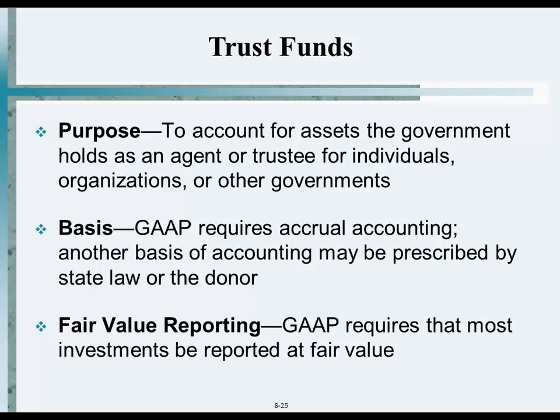Again, for trust funds, the government acts as an agent or a trustee for individuals, which means the following. If you were working for a government, like, I heard the story yesterday about the city of Stockton, county of Stockton, declared bankruptcy. Okay, so let's assume, Justin, you worked for them and you had your pension. You've been working for them for 20 years and you've got your pension vested with them.